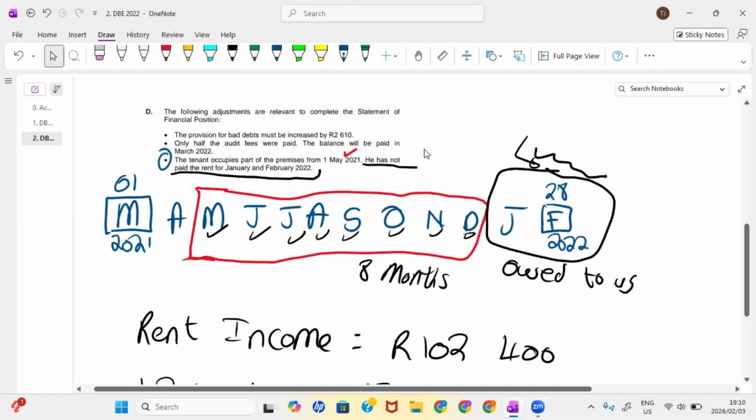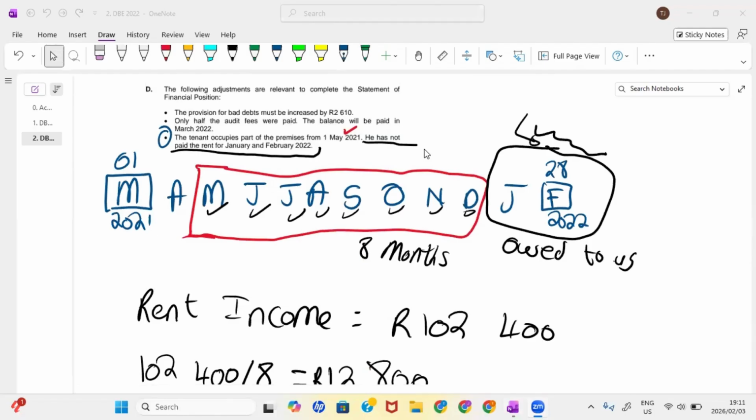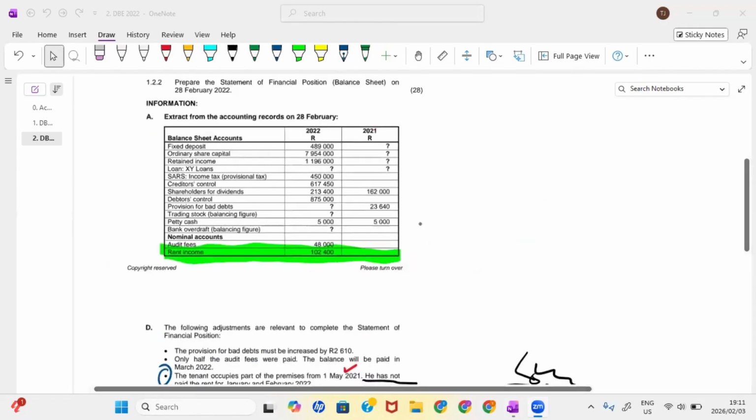So before we show how we actually deal with this in the statement of comprehensive income, let's do the following. We are dealing with rent income. So this is an income we're dealing with. However, this income, we have not received it in our current financial year. We have earned the income, right?